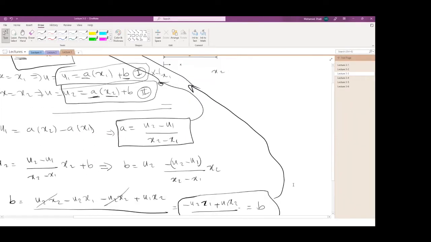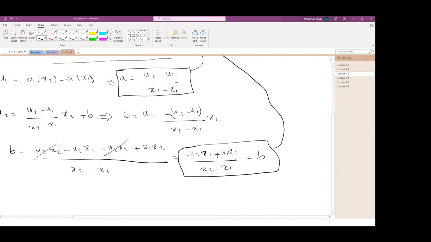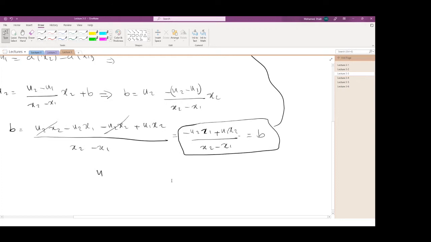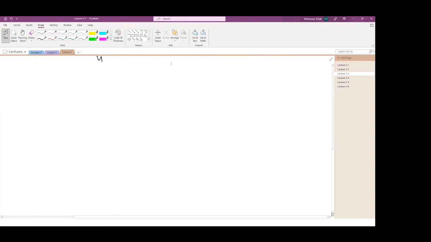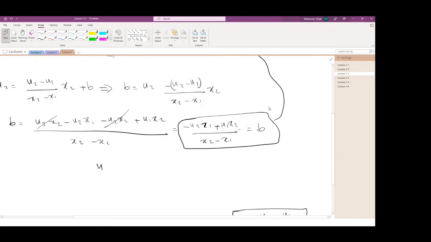I'm just going to insert A and B into this equation. So I have U. I'll probably just move them down, slightly neater this way. Let me clean this whole board. So this is A, and this is B.